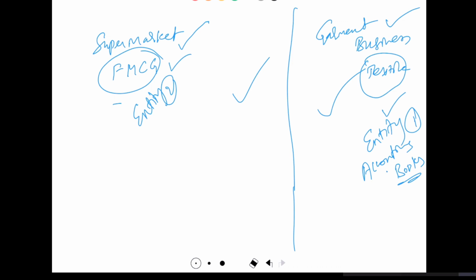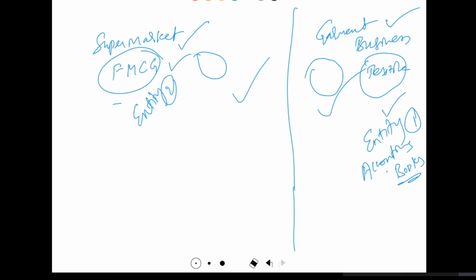That means when this is completely different and this is completely different, even if both companies are under me, I am running the business, supermarket and garments. I cannot club both together and maintain only one accounting. So I have to maintain separate books, even though it is my company as well.